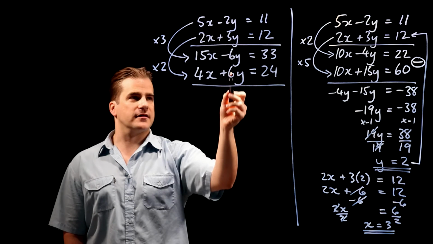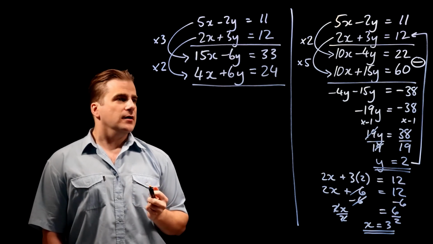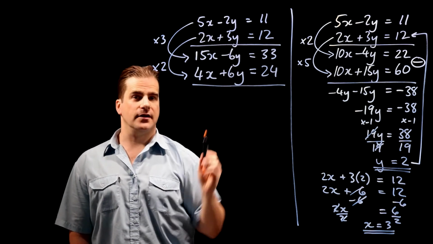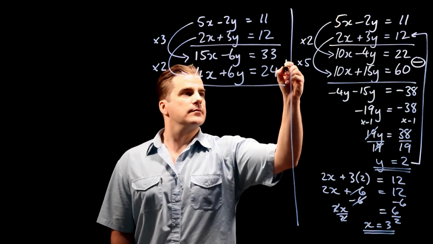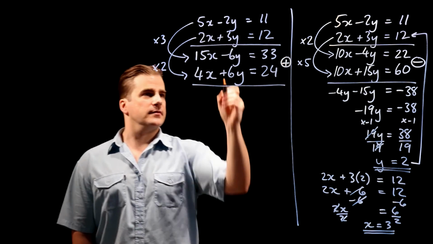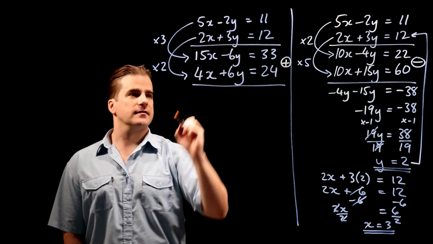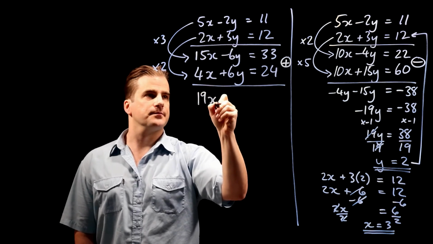Now we have to worry about the sign, because it's time to add or subtract. So, if we add these equations, we'll get rid of the y's. Okay, different sign, so you add. 15x plus 4x is 19x.